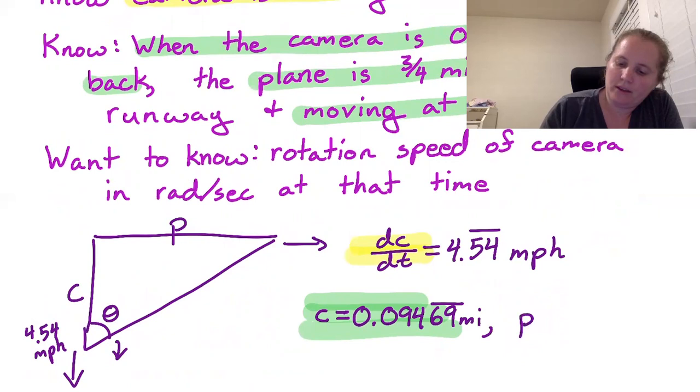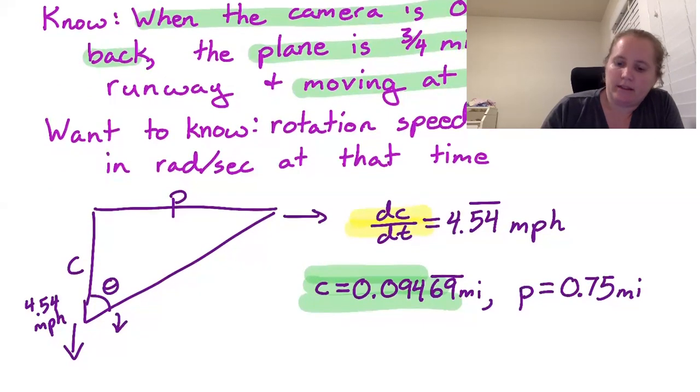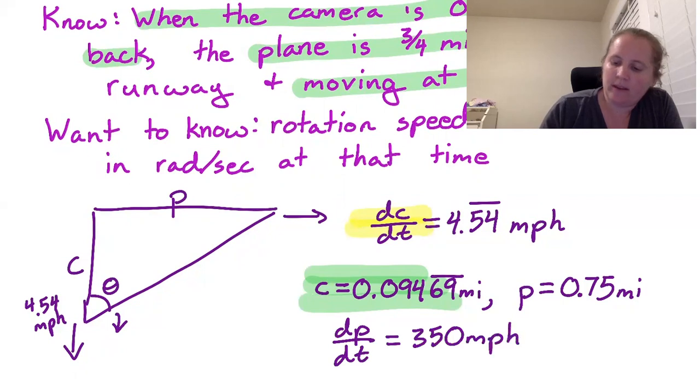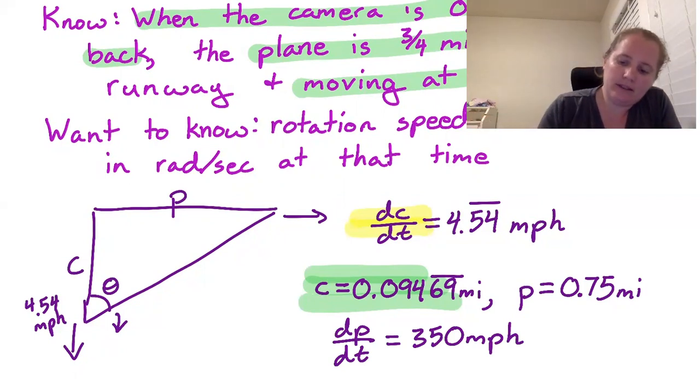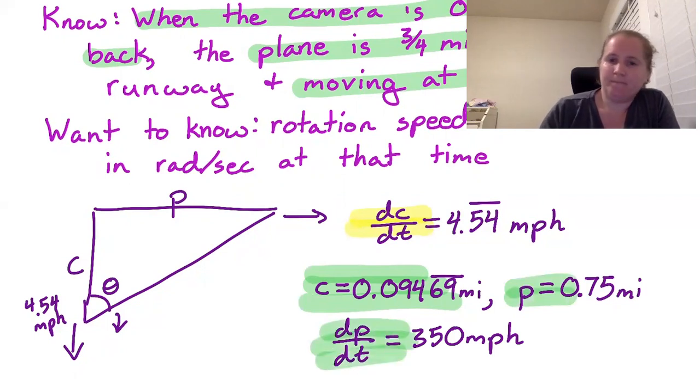We have P is 3/4 of a mile, or 0.75 miles. And then we also have the plane is moving, dp dt is 350 miles per hour. That's positive because the plane is moving, the distance is increasing, the P is increasing, right? So all of this came from that green information.